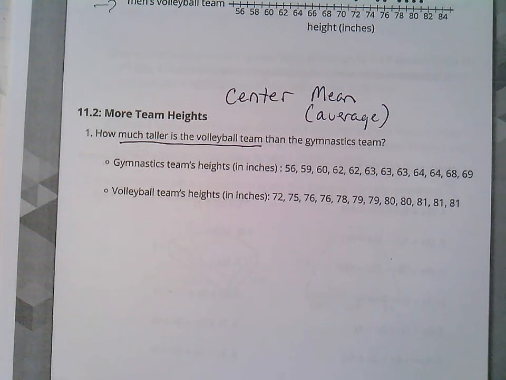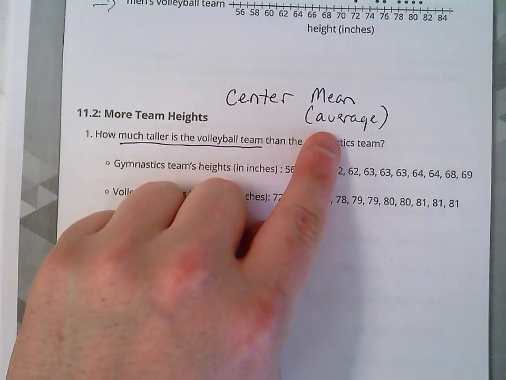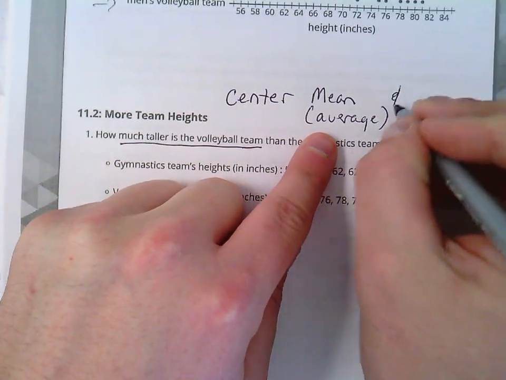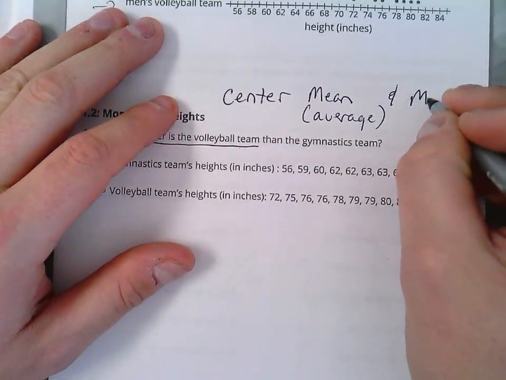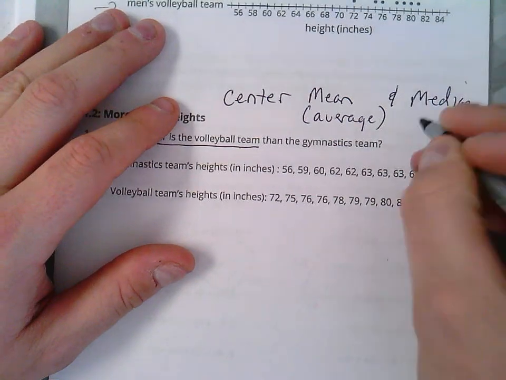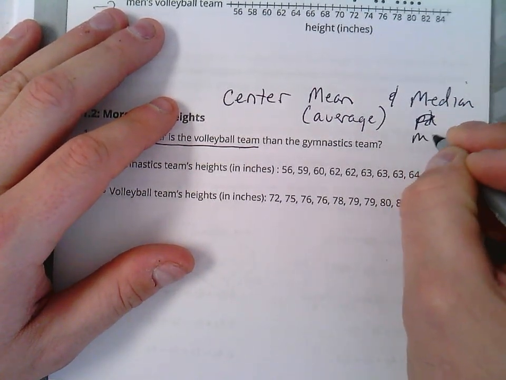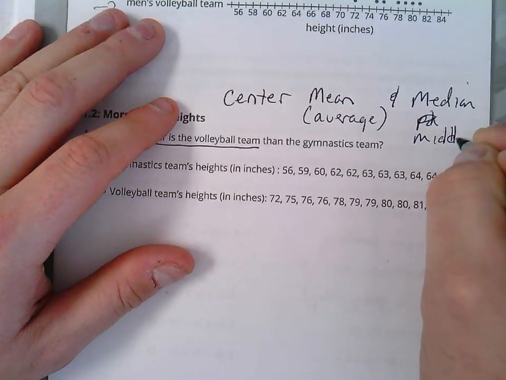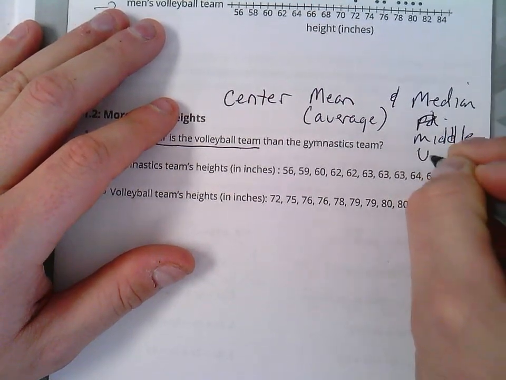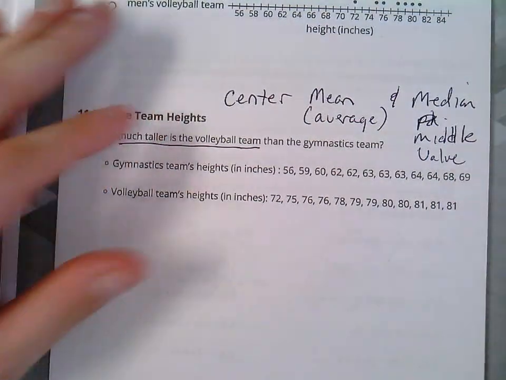It's based on an average. That is the mathematical middle. And then the other is called the median. And the median is the middle value of the data.